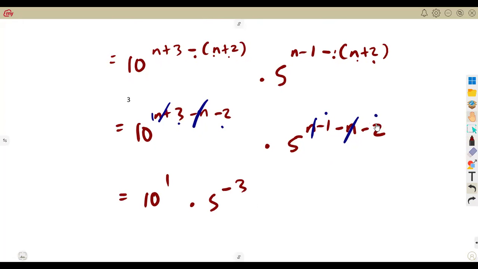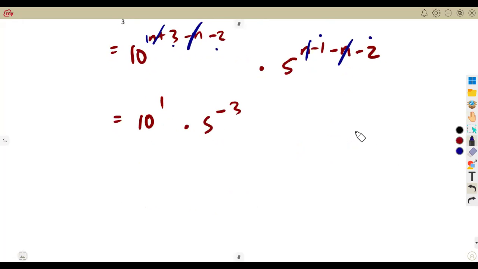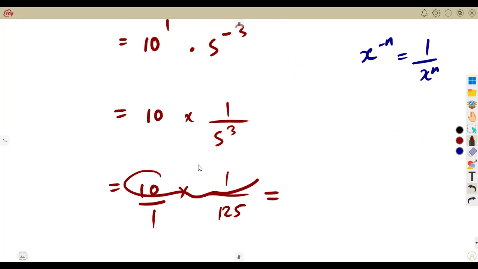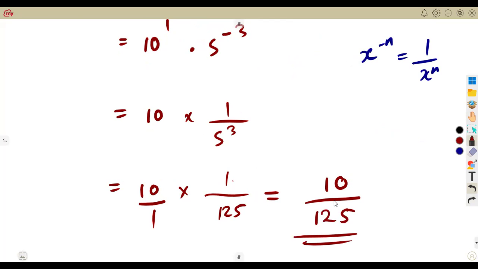Remember, if a number carries a negative, x to the exponent of minus n is 1 over x to the exponent of n. So this is 10, any number to the exponent of 1 remains as it is, times 1 over 5 to the exponent of 3, which is 125. So that's 10 times 1 over 125. 10 is the same as 10 over 1, so we multiply the numerators together, 10 times 1 is 10, over 1 times 125, which is 125.